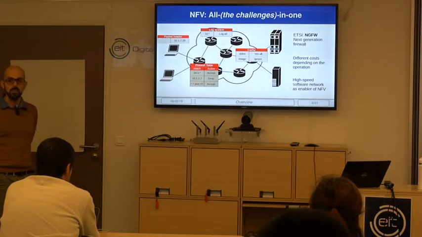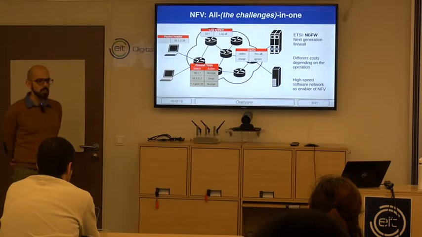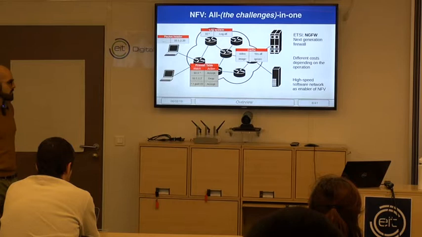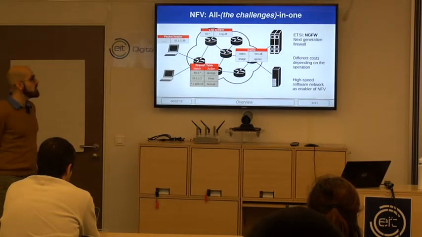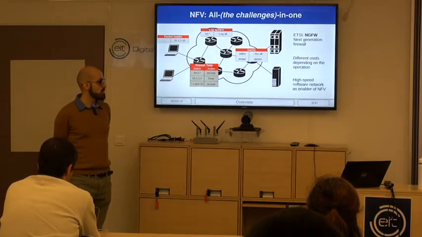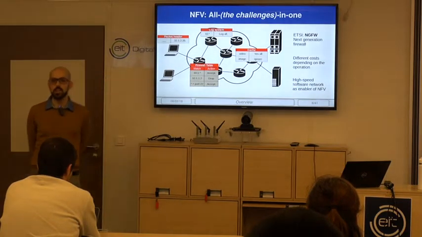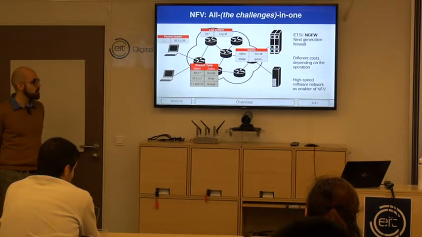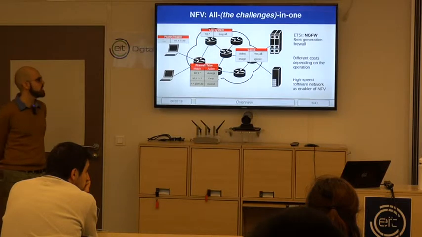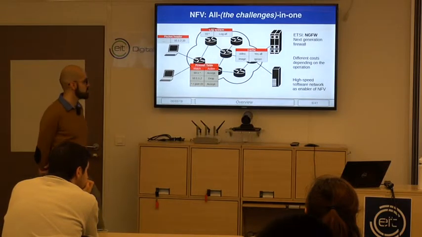We have log systems. Here it's not shown, but we can have 5G gateways for the access network. So somehow what we observed is that the solution provided by software networking as an enabler of NFV is a key point in network softwarization.